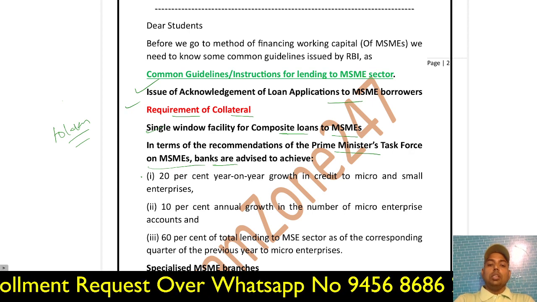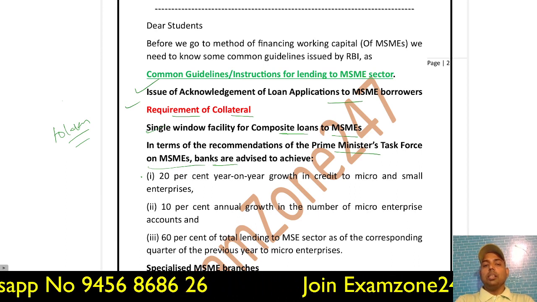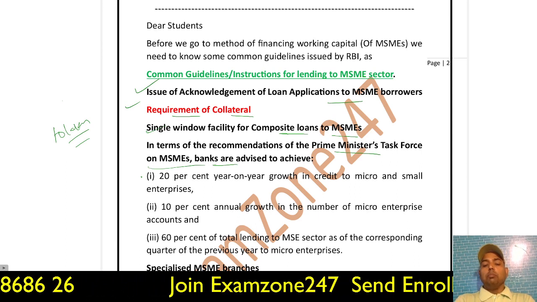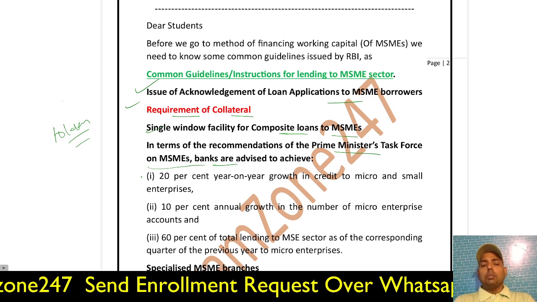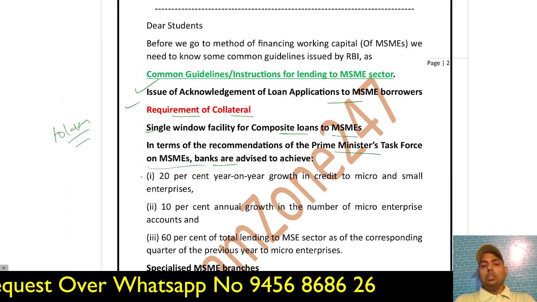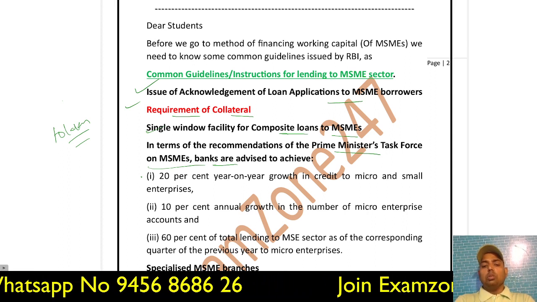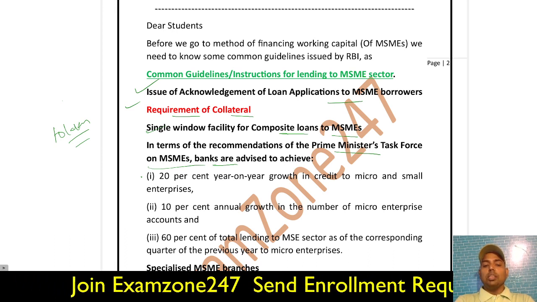Further, they are also providing employment in areas where employment is not easily possible, to engage in some activities. That's why they are promoting the MSMEs.